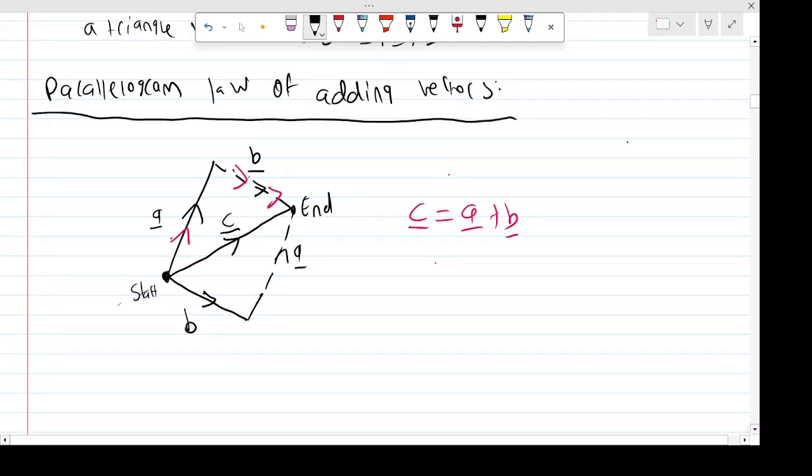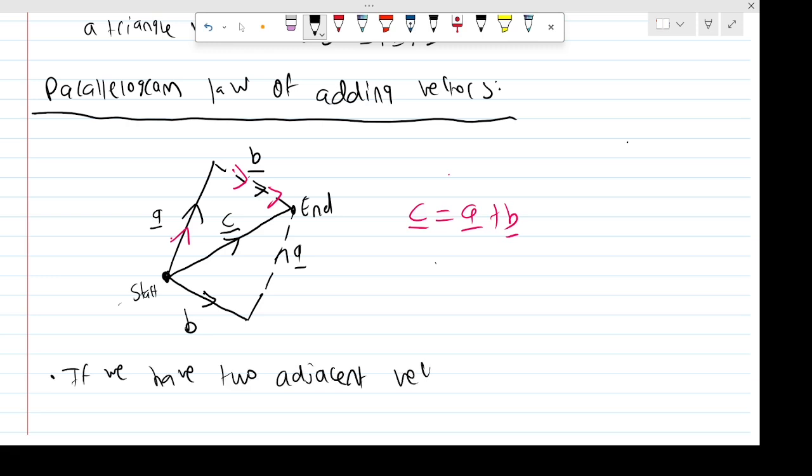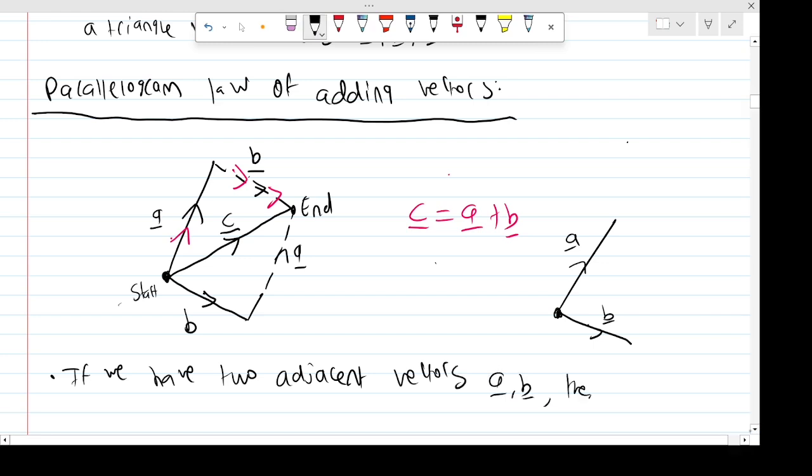So I guess in words then, for the parallelogram law, if we have two adjacent vectors A and B, which basically means that they meet at a point and go off from that point, then we can construct a parallelogram with these vectors as the sides.